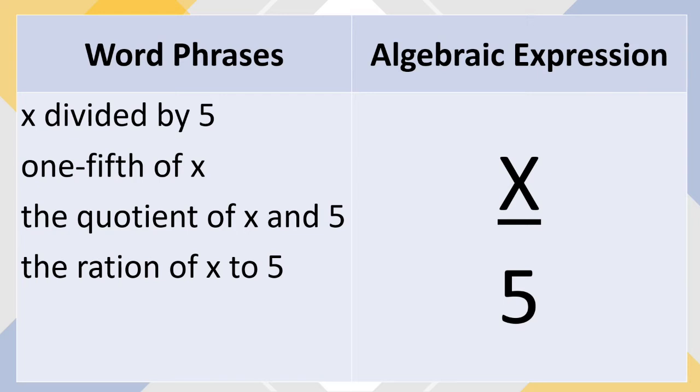The word phrases x divided by 5, 1/5 of x, the quotient of x and 5, the ratio of x to 5, the algebraic expression for that is x over 5.